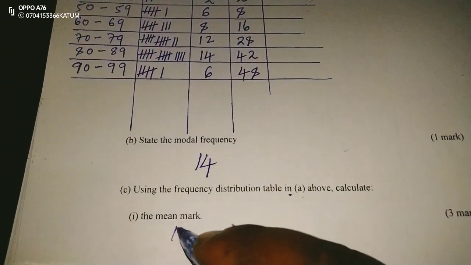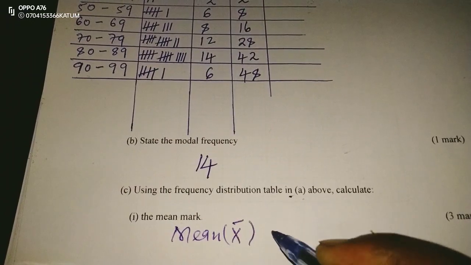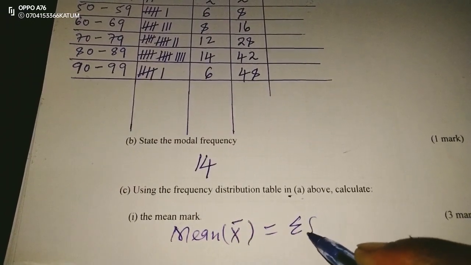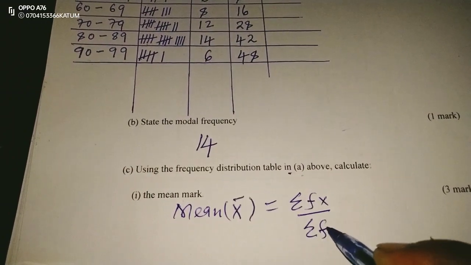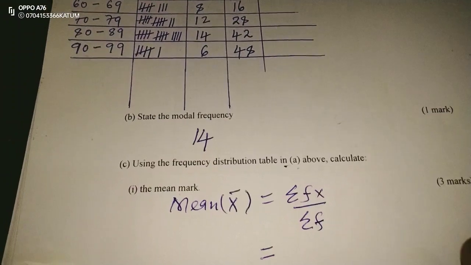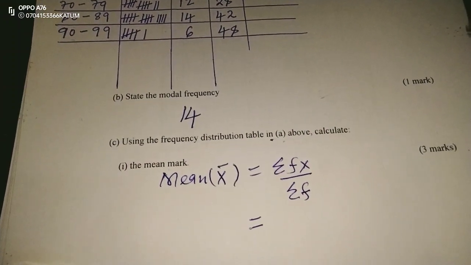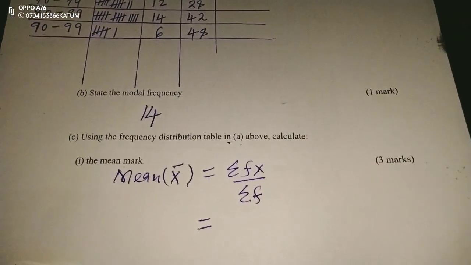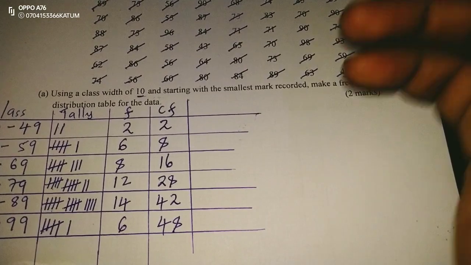For us to calculate the mean, we need the summation of fx, then we divide by the summation of f. Therefore, we can calculate x, which is the midpoint of each class. Then we multiply each midpoint with the frequency.